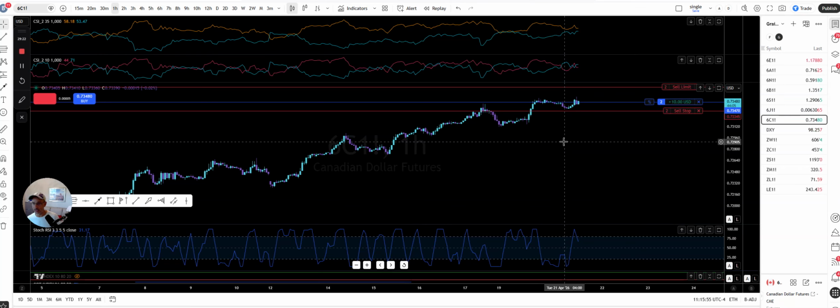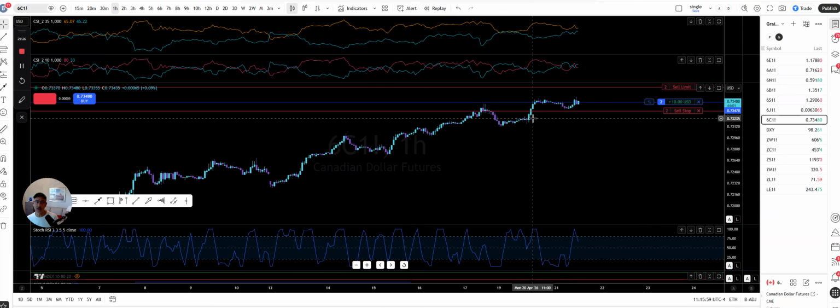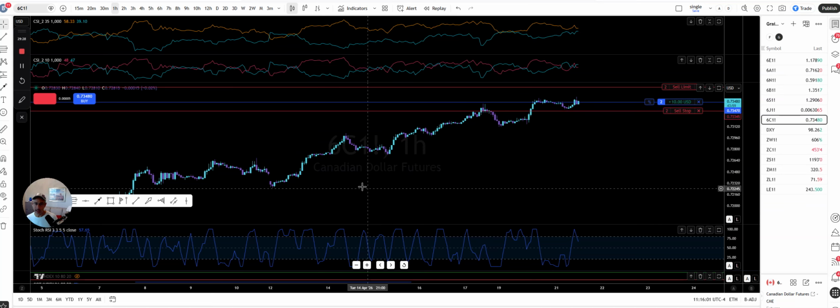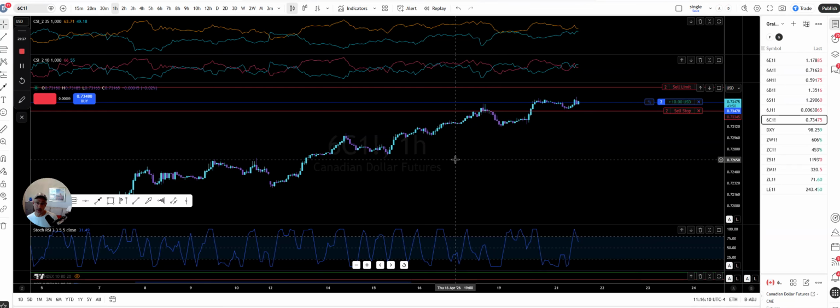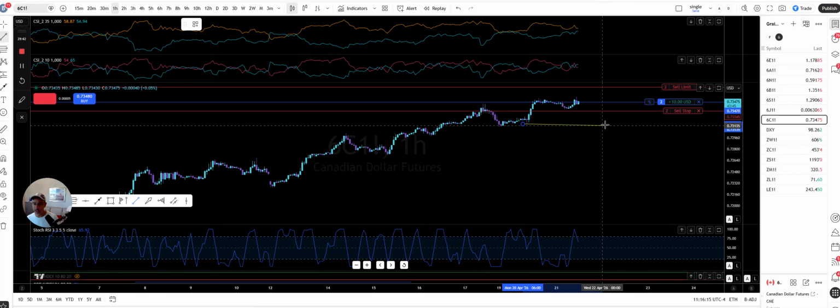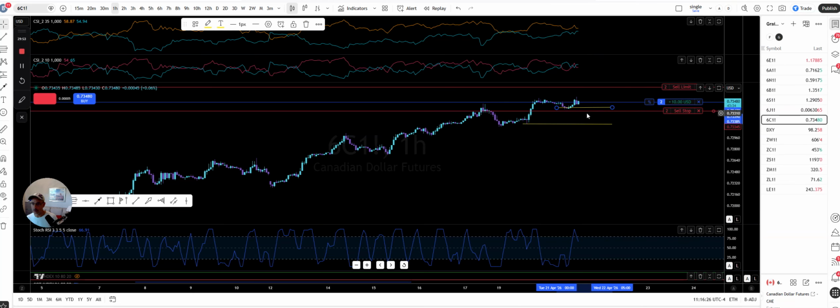There really isn't anything else that I could see just based on this. But this is a nice little uptrend on the hourly chart, with higher highs, higher lows. You can use the stochastic RSI and just take real technical based trades on this, and they would have played out. And so, basically, as long as we keep holding on to market structure, right now you can make an argument about either this being the swing level or this one, just depending on what this current trade ends up doing.